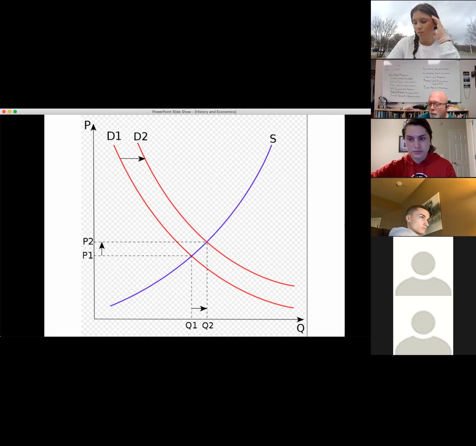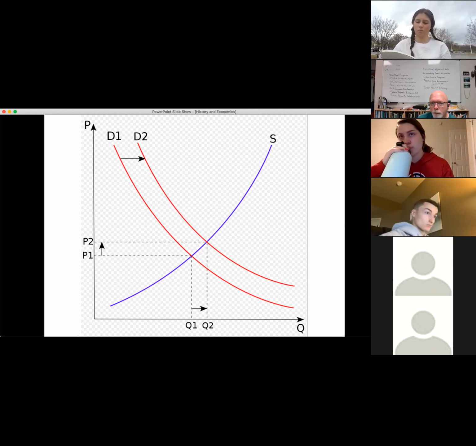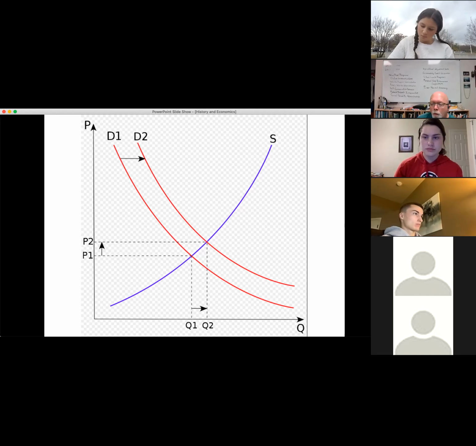Jackson, tell me why the demand curve for food is inelastic. What do we mean by that? You said, what was the question again? Sorry. Why is the demand curve for food an inelastic demand curve? This curve here represents an elastic demand curve, meaning that demand fluctuates. Why does demand not fluctuate for food?